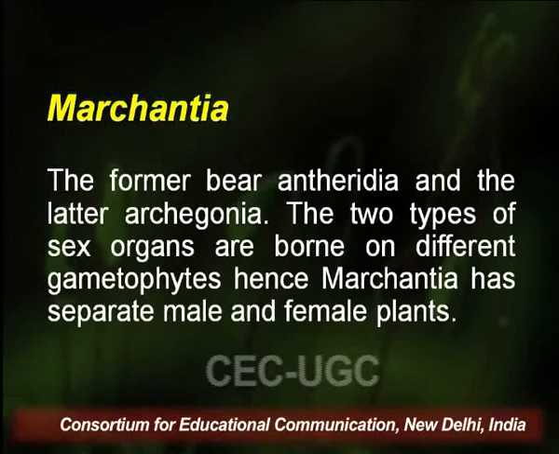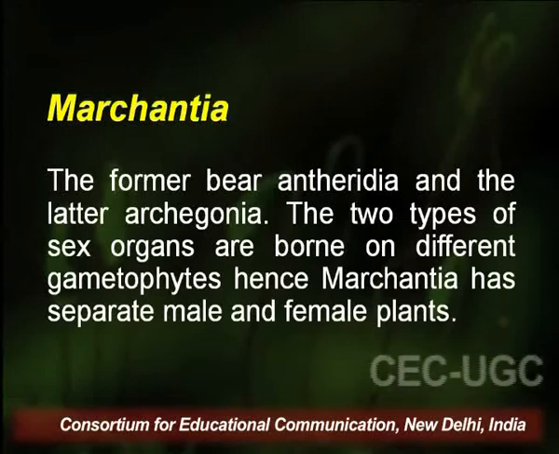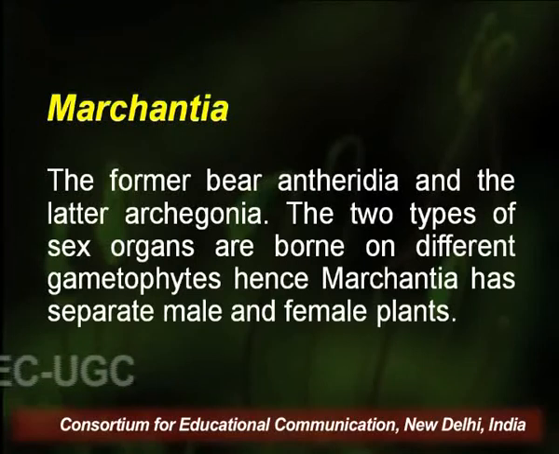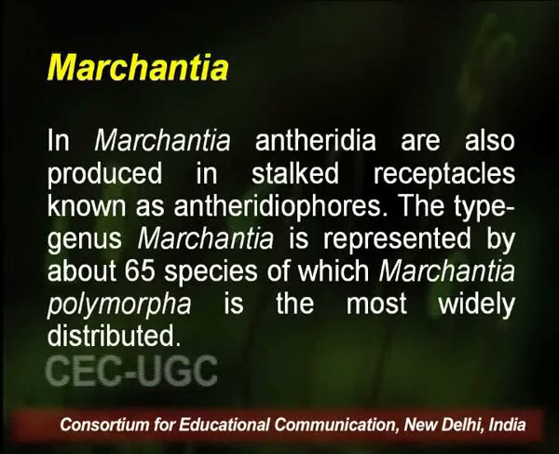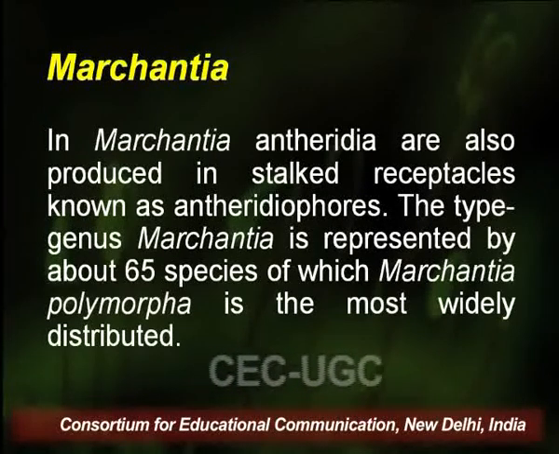The two types of sex organs are borne on different gametophytes, and hence Marchantia has separate male and female plants. In Marchantia, antheridia are also produced in stalked receptacles known as antheridiophores.